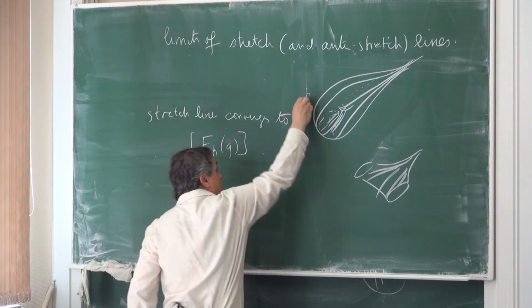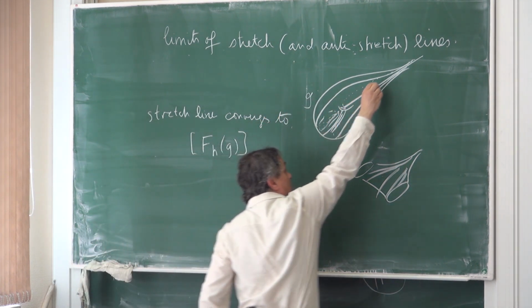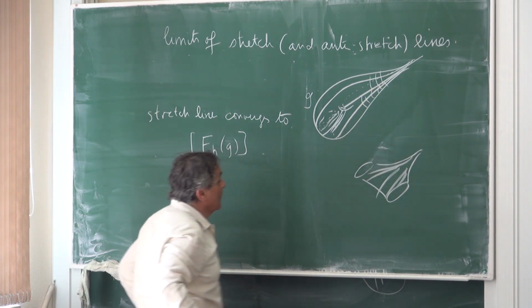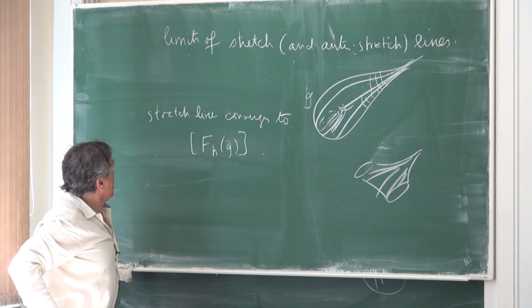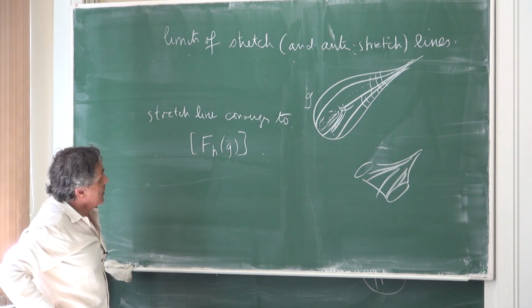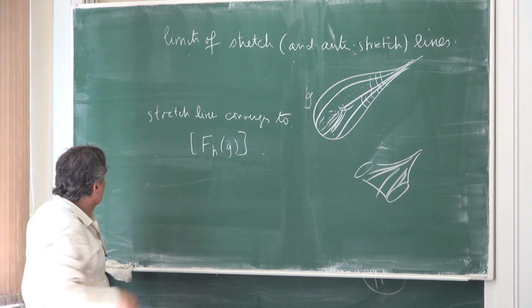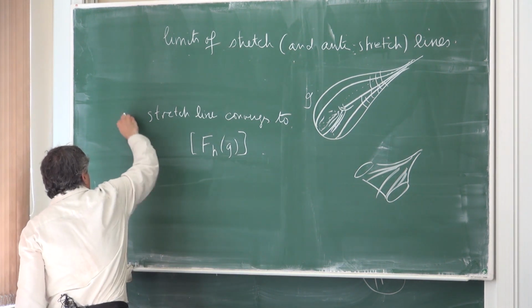This is my metric G. So I have this horocyclic foliation. This is what we said.